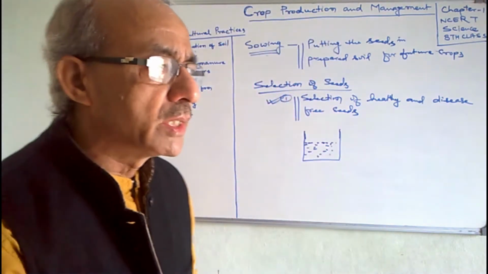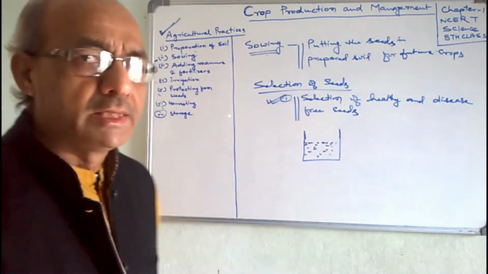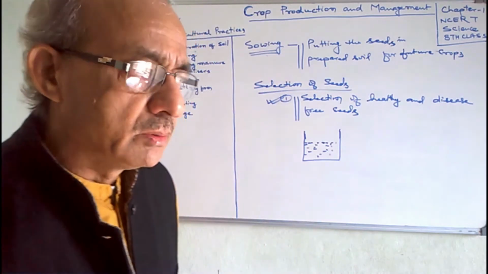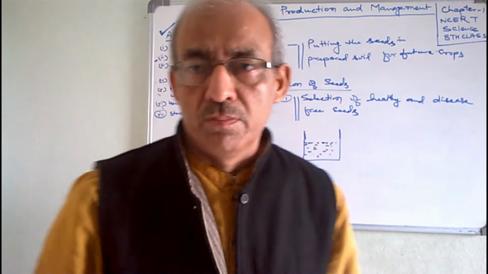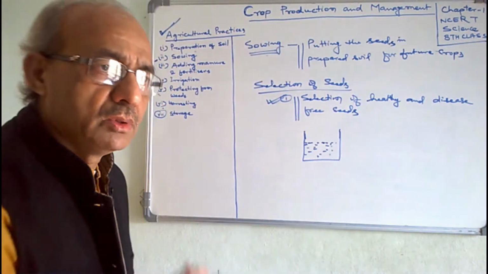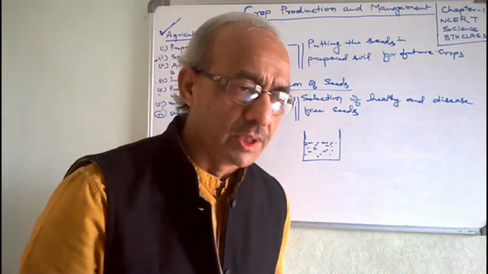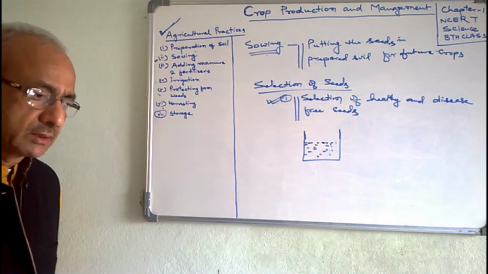The grains are heavy and look healthy, and they separate a certain part of the grains of that crop for the purpose of future seeds. This is the first step for the selection of healthy seeds. This is the traditional method.